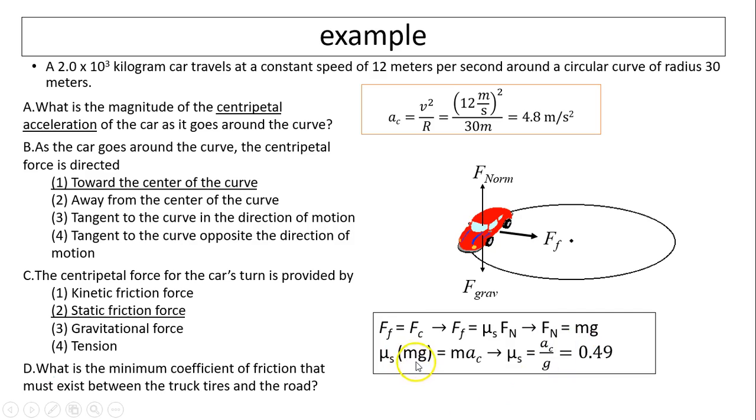So mu s times mg equals Fc, the centripetal force. The m's cancel, so mu s equals a_c over g. a_c is 4.8, g is 9.81, so you will have 0.49. That is the coefficient of static friction. Again, the coefficient is a number with no unit because it's just a ratio between the two forces, normal force and friction.